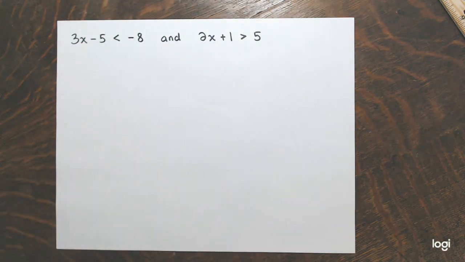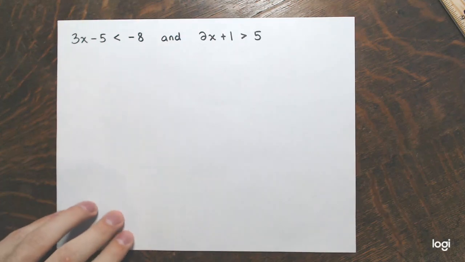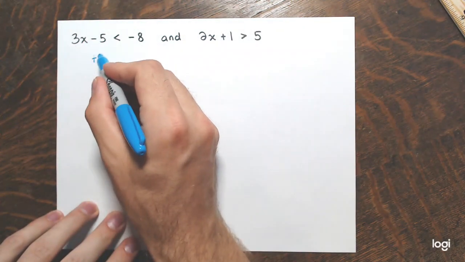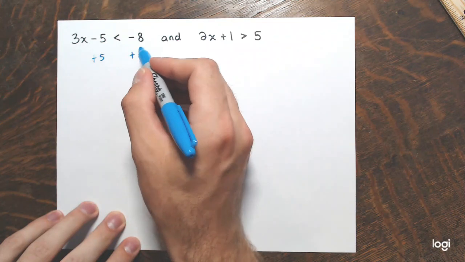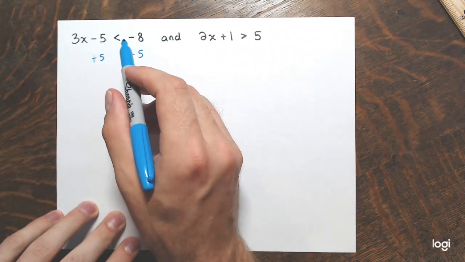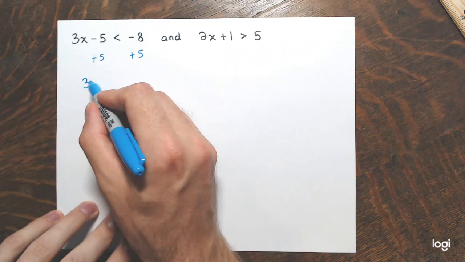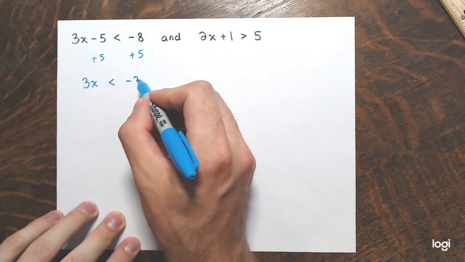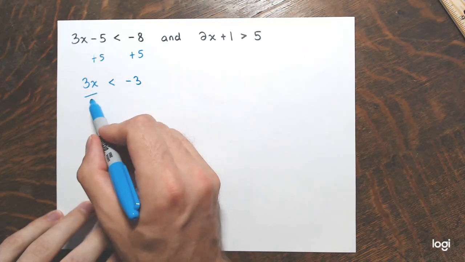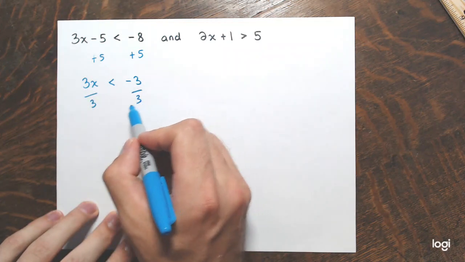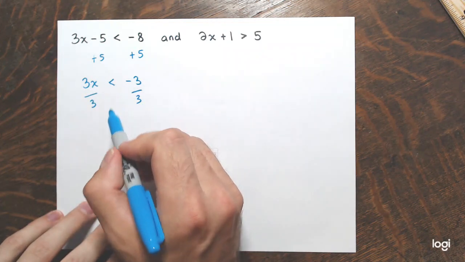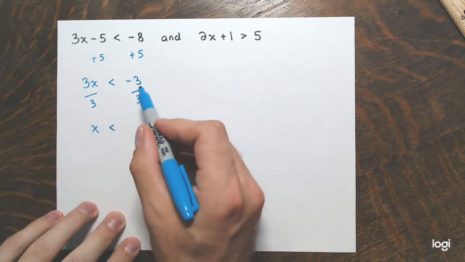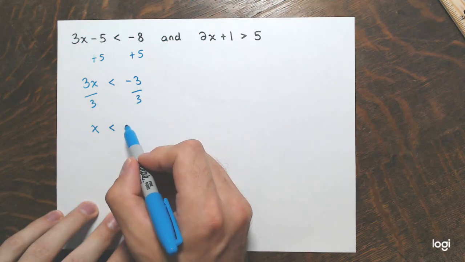The first step was to solve each inequality individually. So for this one, I would add 5 to both sides, and that's just addition, so the inequality direction won't change. I'll have 3x is less than negative 3, negative 8 plus 5. Then I would divide by positive 3, so again the inequality direction will not change. x is less than negative 3 divided by positive 3, which is negative 1.